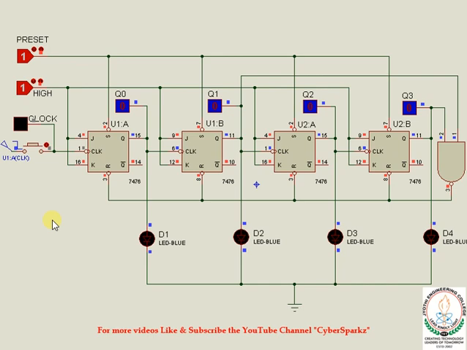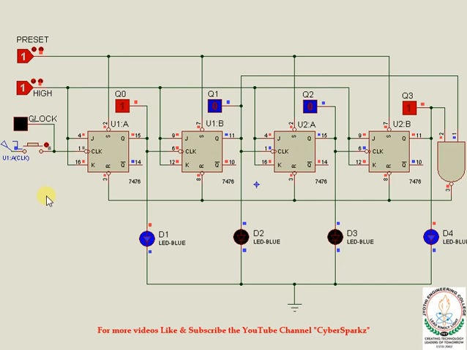Initially, all the flip-flops are in the reset state, so the output is 0000. The next clock pulse will change the flip-flop outputs to 0001. The next clock pulse will give you 0010, then 0011, 0100, 0101, 0110, 0111, 1000, 1001.